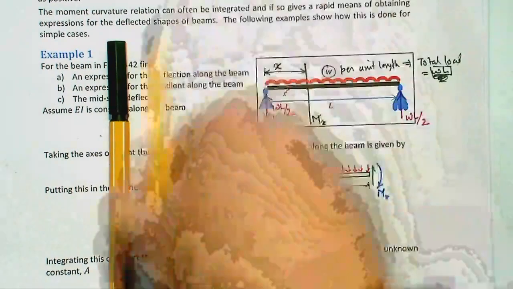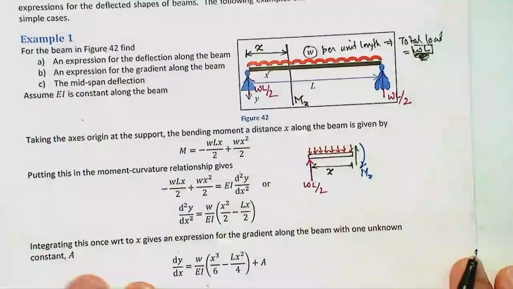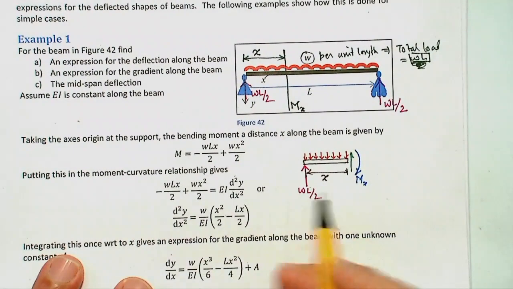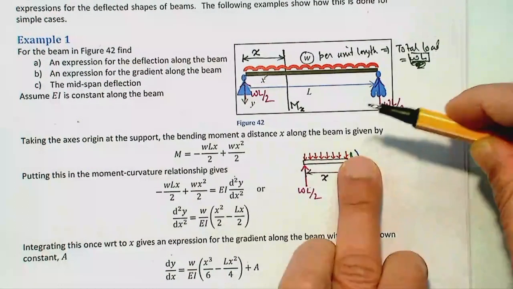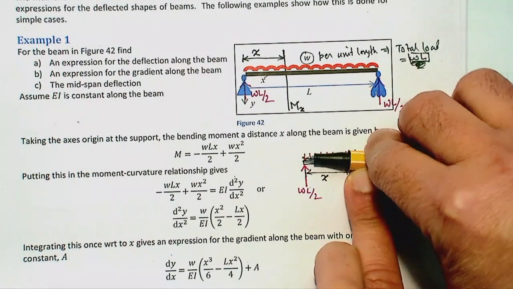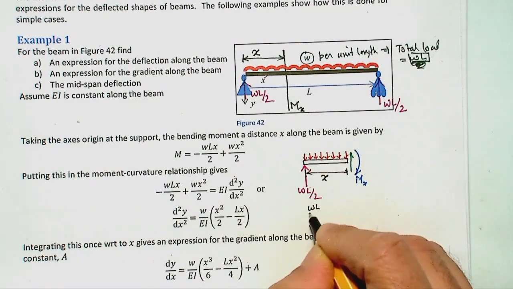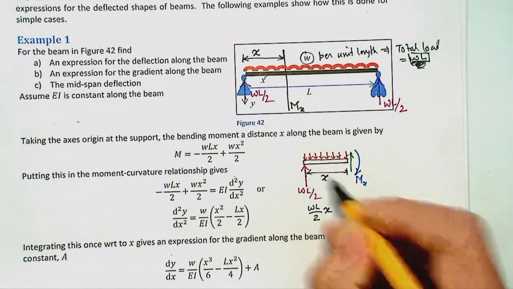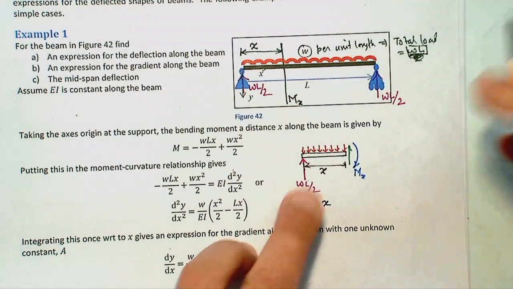So how can I find this moment? Of course I can take equilibrium equations for this one. I could say moment due to three forces. If I take moment of this beam due to WL over 2, that will create a clockwise moment. So WL over 2 times x, that's a clockwise moment, so positive.